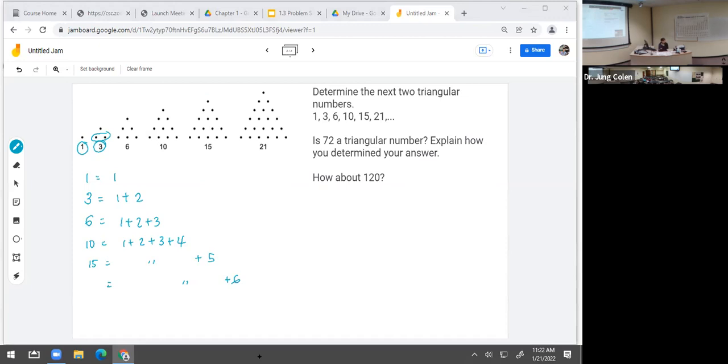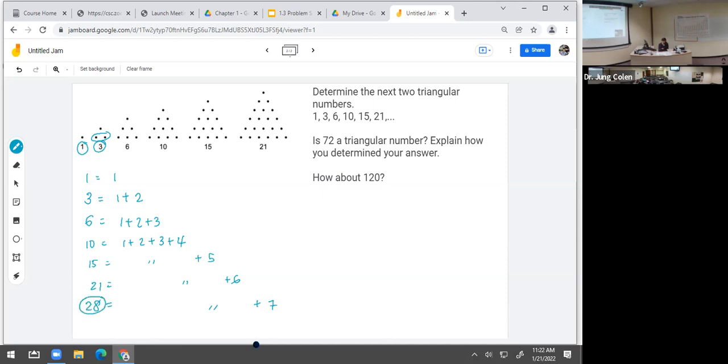We can continue doing this, right? And find the sum. So after 21, what could be the next number? I can add all this together plus what? 7. So the previous number was 21. If I add 7 to that, I will get 28.